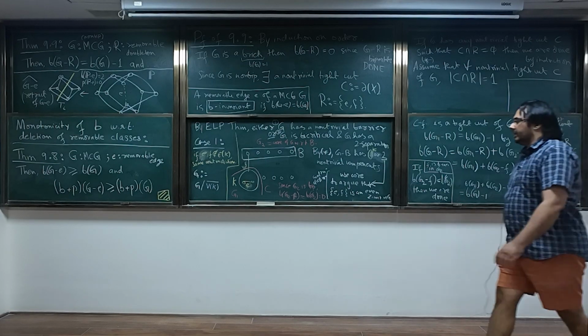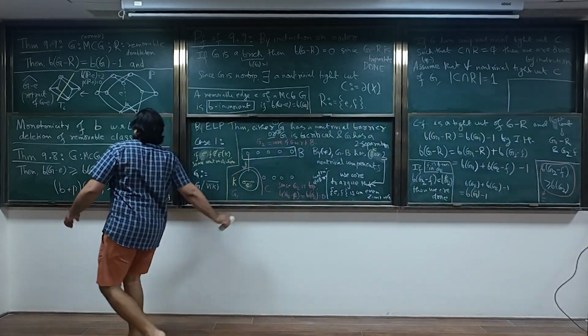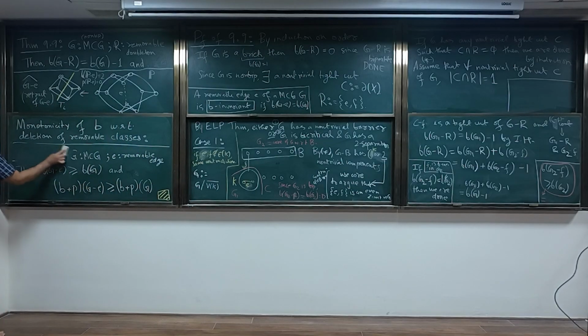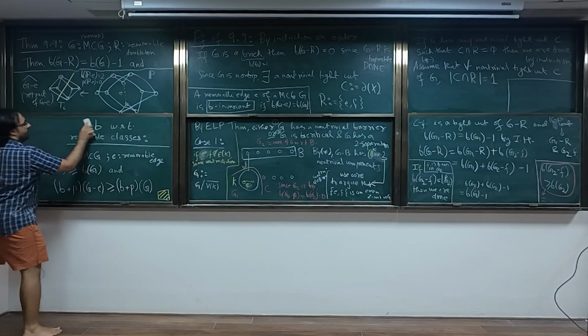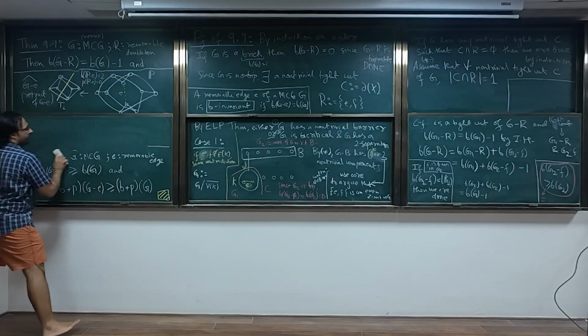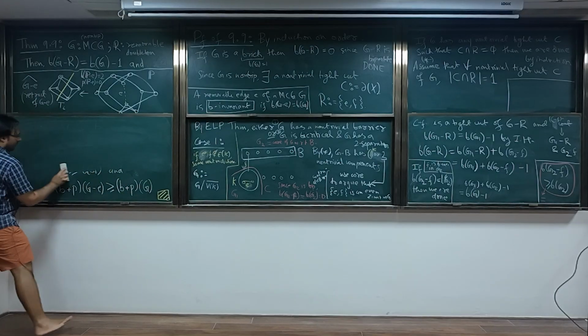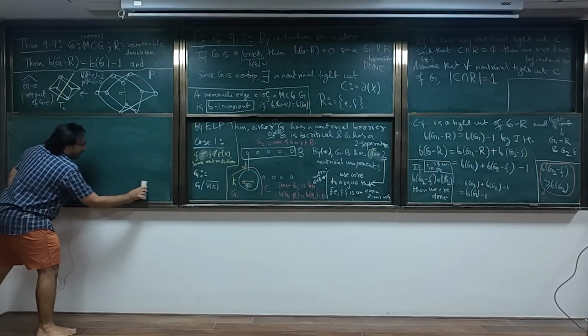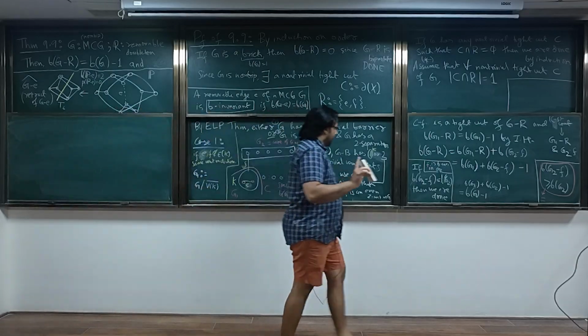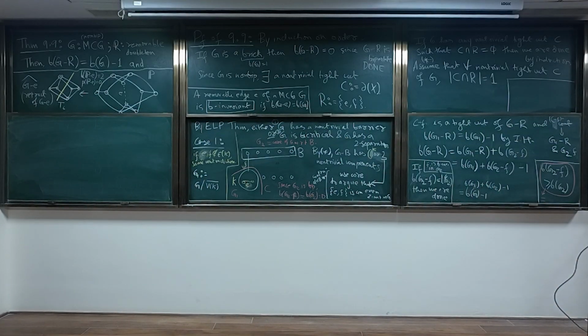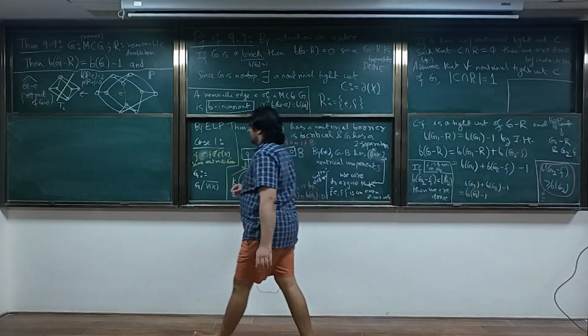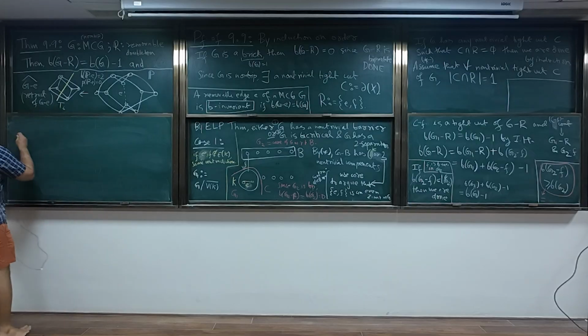So now let's make a drawing for the two separation case. We will now also assume that the graph is indeed bicritical. This is a fact we will also use now. So, case 2.